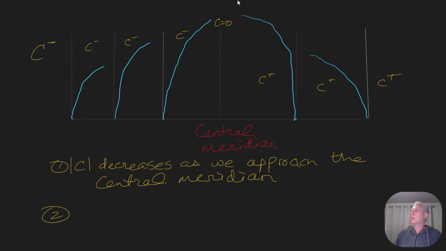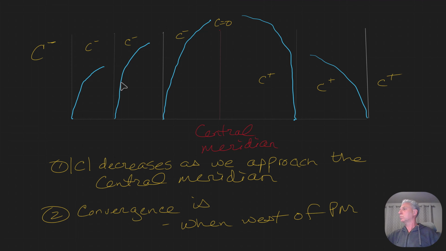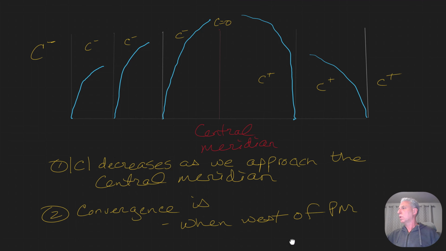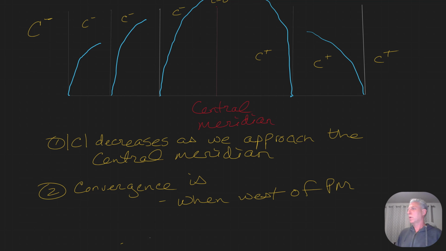Okay, so convergence is negative when west of the prime meridian, and it's positive when east of the prime meridian.